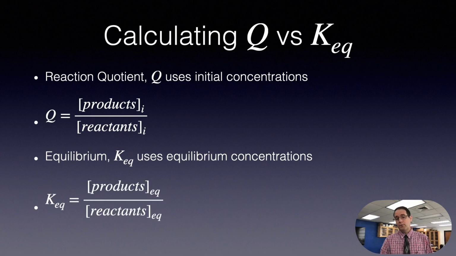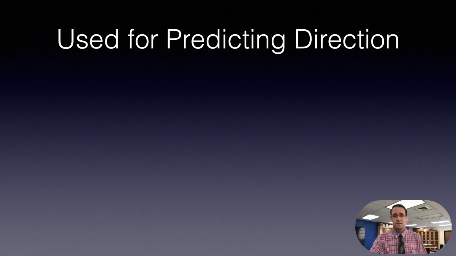So it's products over reactants, but it uses the equilibrium concentrations. So you initially put some stuff into a test tube, you can calculate Q, and then after it sits there for a very long time and reaches chemical equilibrium, then you measure the concentrations and then you can calculate K, for example. All right? So there's a slight little difference there.